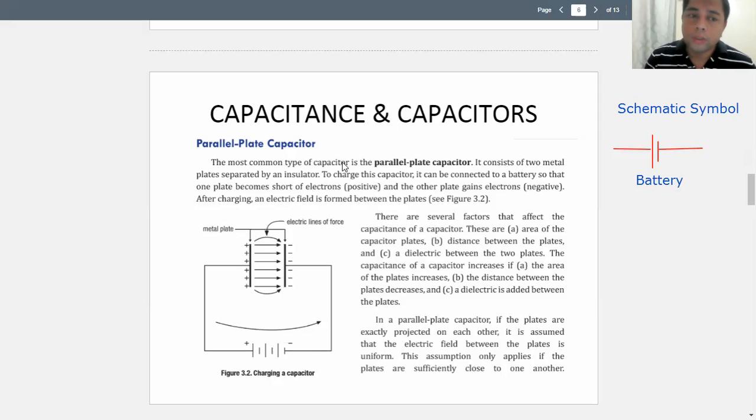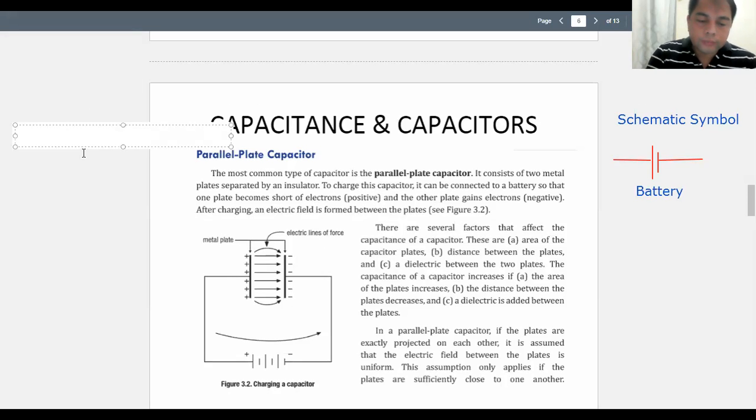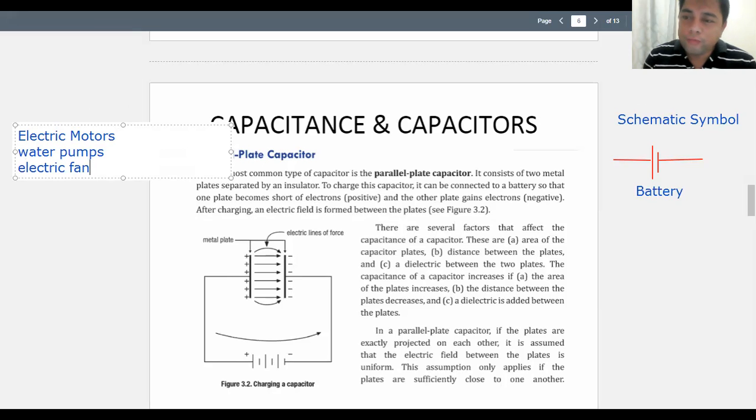They are used in most of our electric motors, like the ones that we see in our water pumps. So water pumps are examples of this. Like our electric fan at home. They all contain some kind of capacitor, and usually the capacitor here may be called a starting capacitor.